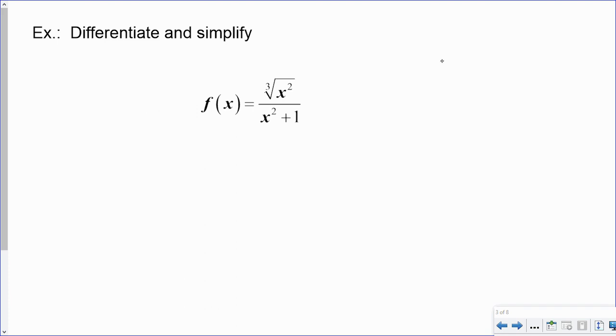Okay, so what have we got here? So this is x to the power of 2/3 over x squared plus 1. So that would be my derivative.